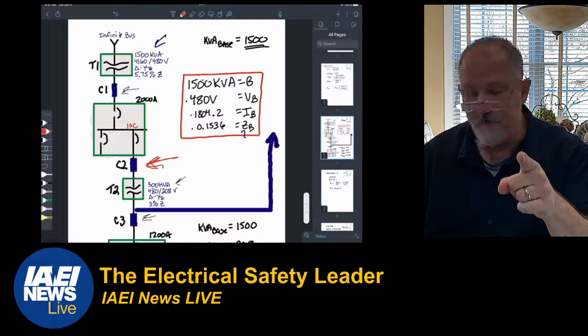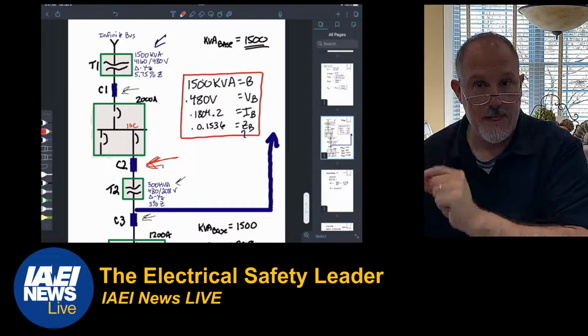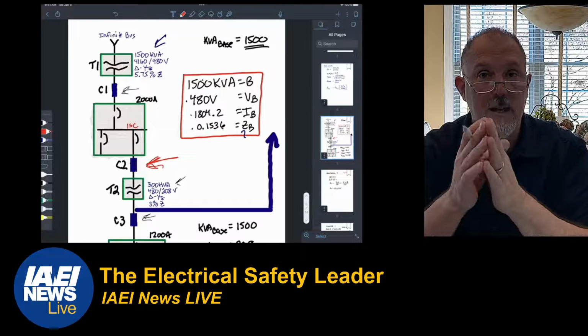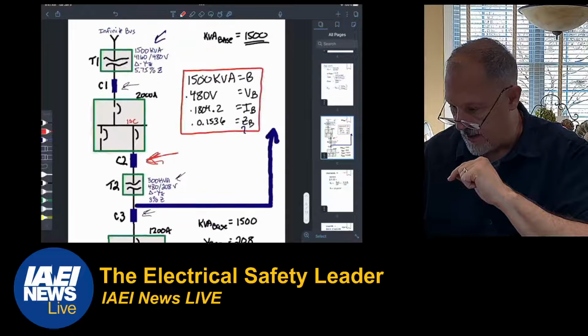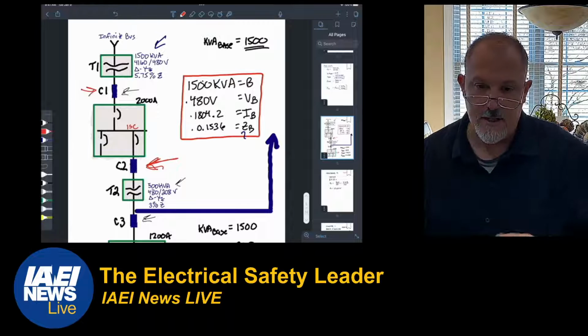And then I divide that value by the base, because that's actual, right? Let's take a look at conductor 1. Conductor 1 is right up here, right on the secondary of this transformer.